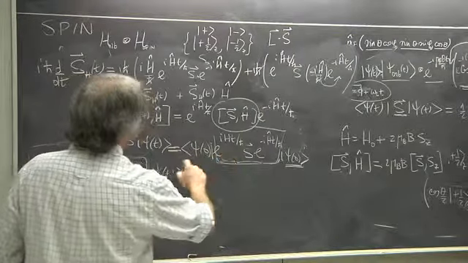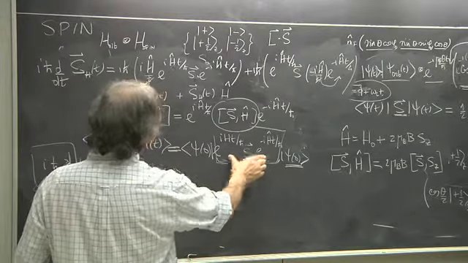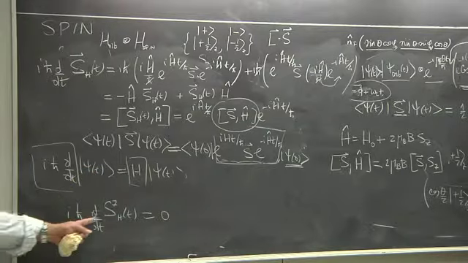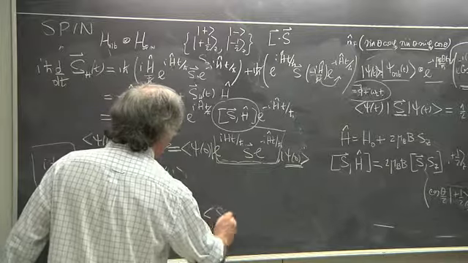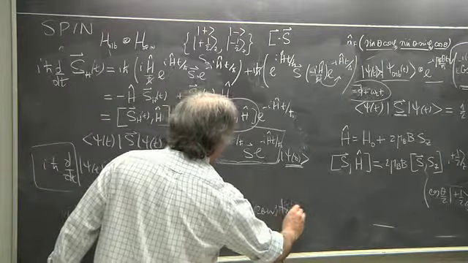Now, if the Heisenberg operator doesn't depend on time, it means that the expectation value is just constant in time. So this is telling you that the average value of Sz is constant in time.